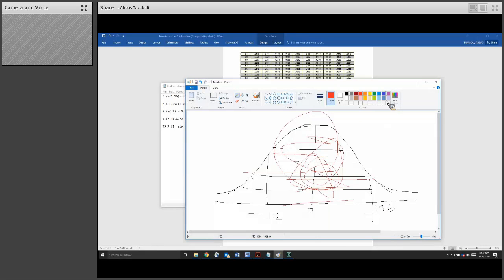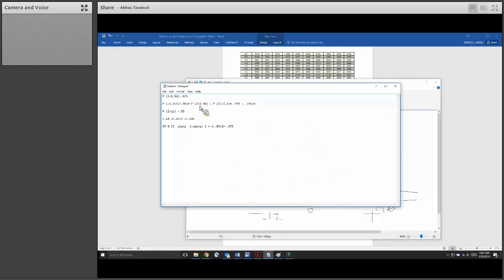Now from the table we already found the area to the left of 1.96, which was 0.975. If we subtract the area to the left of negative 1.2, my blue area, then I can find this area. So that's basically probability z less than 1.96 minus probability z less than negative 1.2.